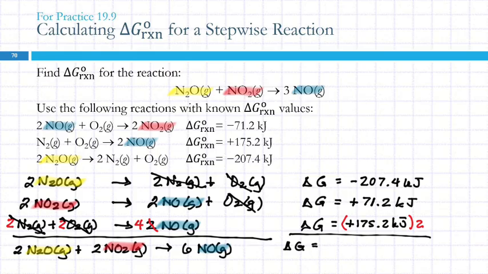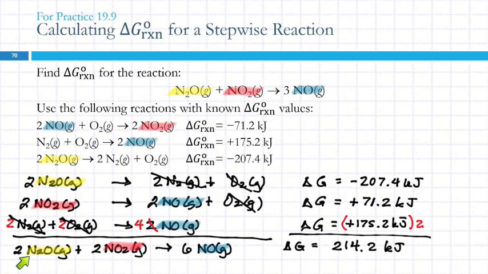So I've got negative 207.4 plus 71.2 plus 175.2 times 2, and I'm getting 214.2 kilojoules. Well, this is great.